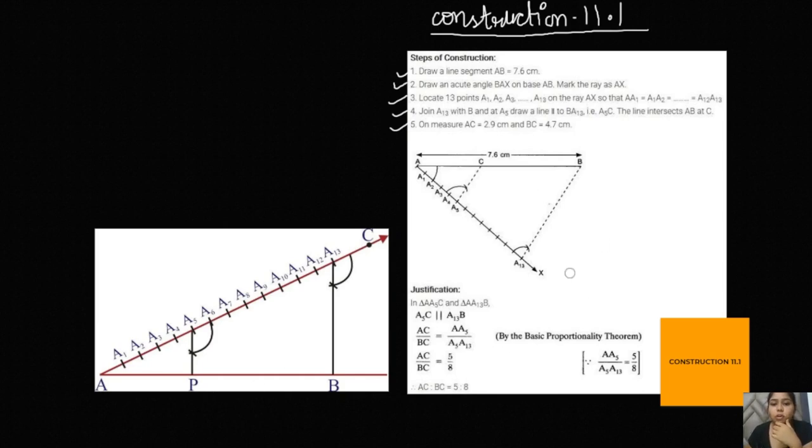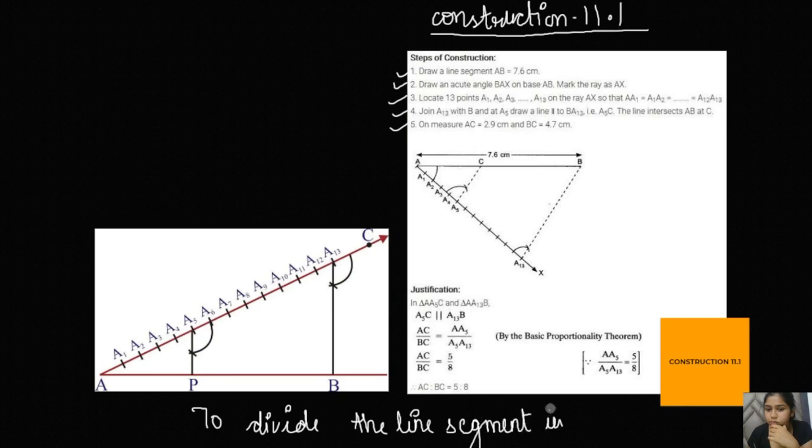So first of all, the statement for this construction 11.1 is to divide the line segment in a ratio. This is the given statement for the construction.